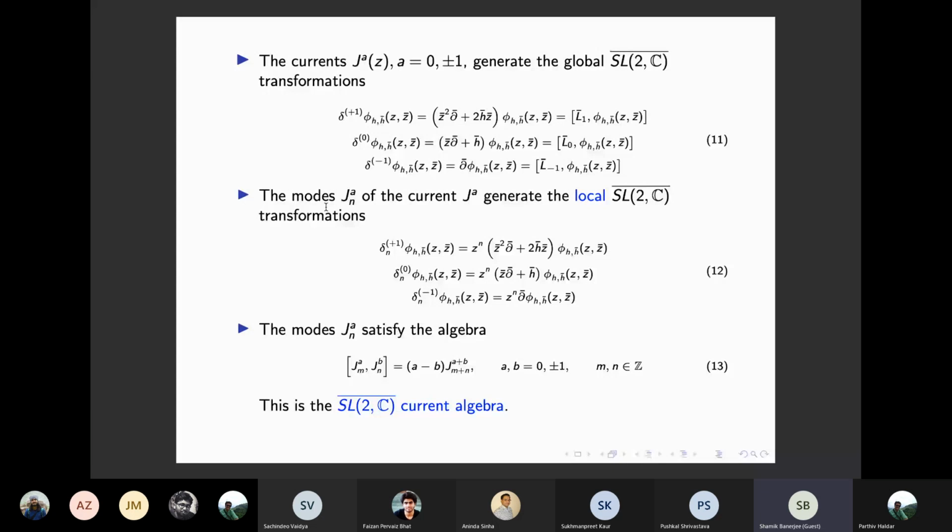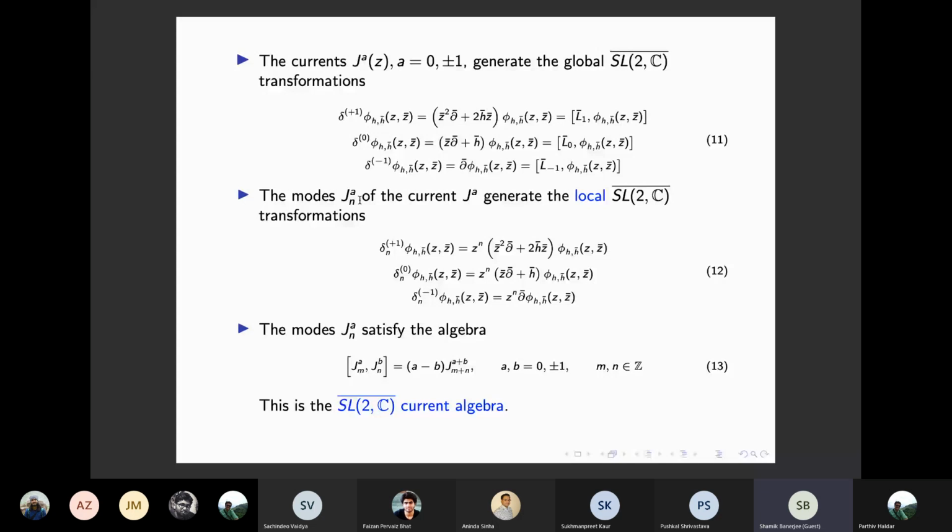Now in the standard way, let's assume that all the standard things actually work. So what we can do is a mode expansion of this JAZ, and those modes we write as JAN. And what this JAN does is they generate the local SL2C bar transformations of this form. So if A is plus 1, then JAN acting on phi gives me this.